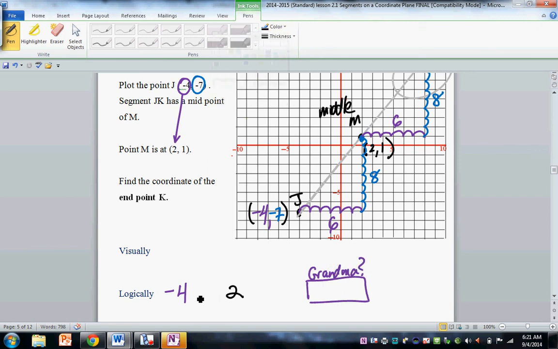So if the exact middle between -4 and Grandma's age is 2, what would Grandma's age be?